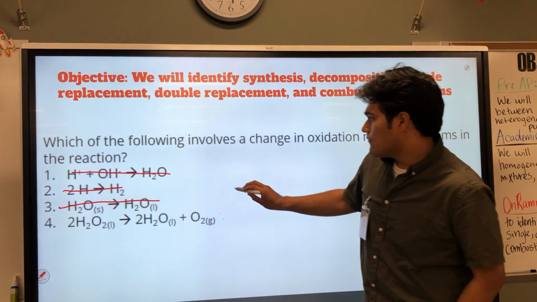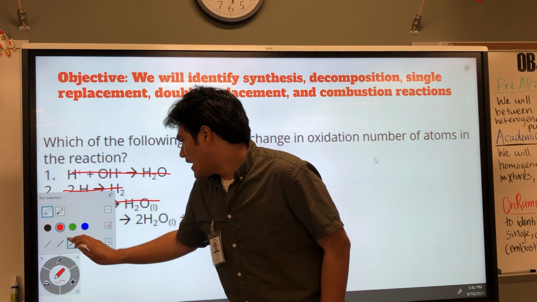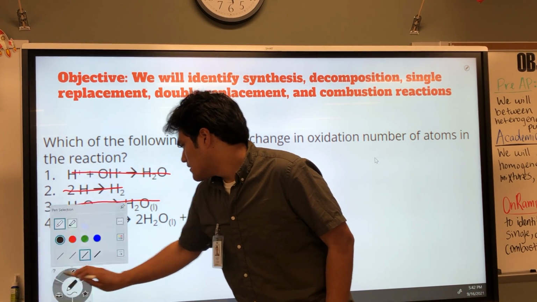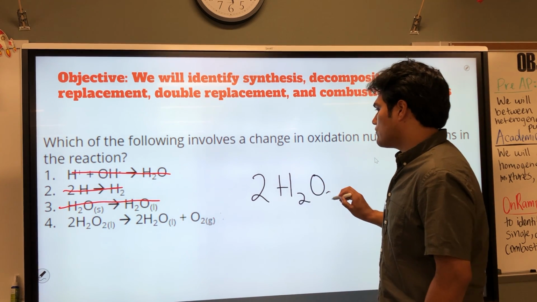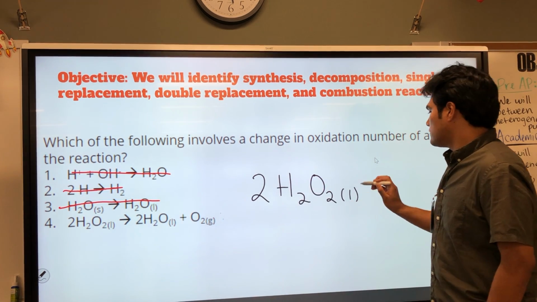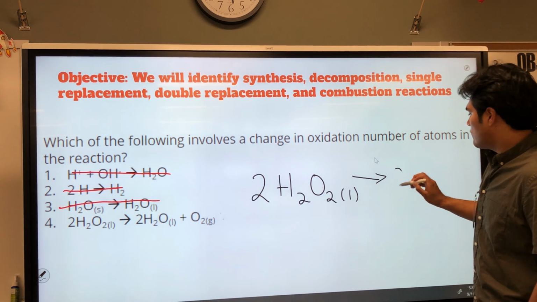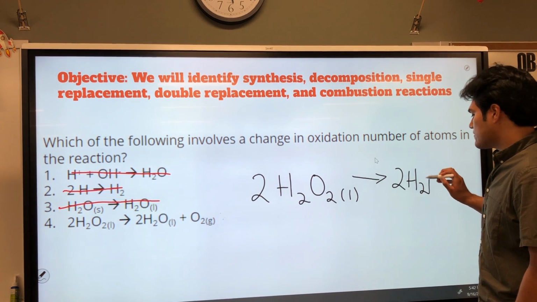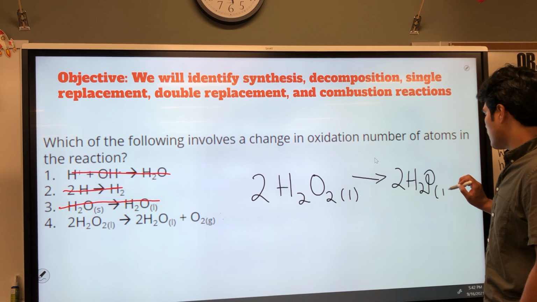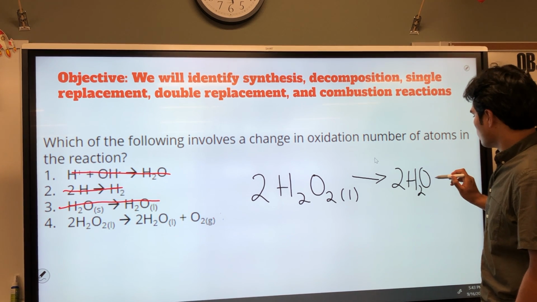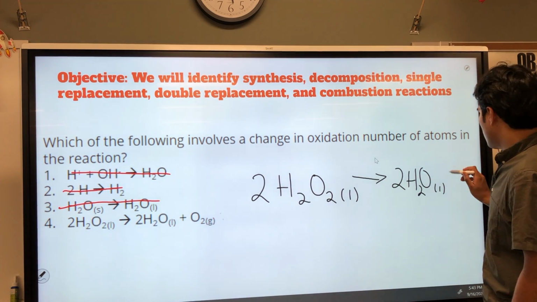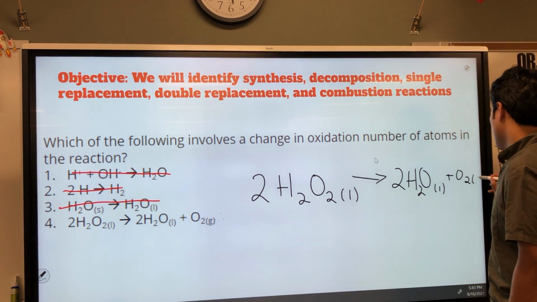Now, looking at number 4, we have 2 hydrogen peroxide molecules. So I have 2 H2O2 in liquid form, and we have 2 water molecules left over in liquid form, and 1 oxygen molecule in gas form.